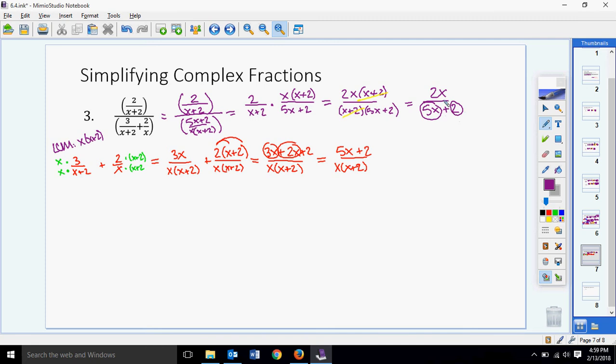There's a plus sign separating the 5x and the 2. Okay, so if there was in the numerator a 5x plus 2, I could cancel them out because this 5x plus 2 is one quantity in itself, separated into two terms. Okay, I cannot cancel the x's. The only time that you can cancel is when everything is being multiplied. Okay, and I don't have that in the denominator, so I cannot cancel, and this is as far as I can go.